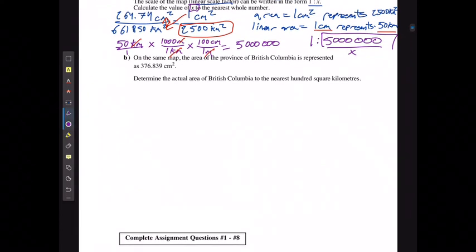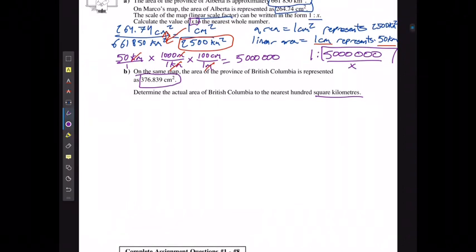On the same map, the area of the province of British Columbia is represented as 376.839 centimeters squared. Determine the actual area of British Columbia to the nearest 100 square kilometers.